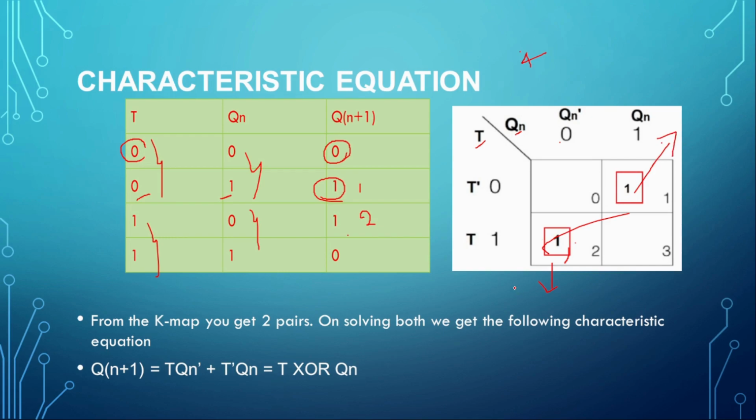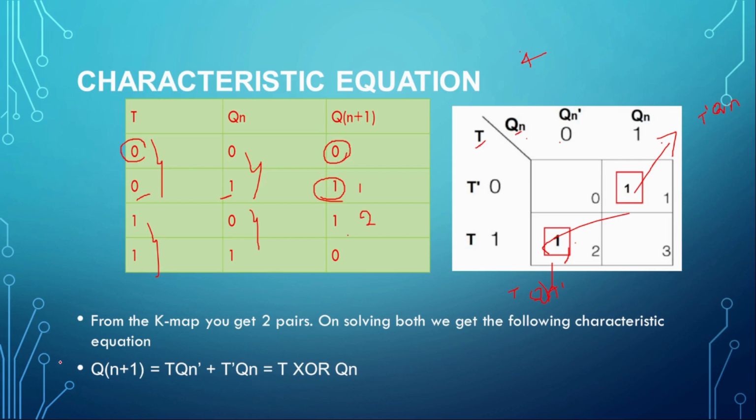This term was placed at the value of T is 1 and the Qn value is 0, that is Qn dash. And this one is placed at the value of T dash and Qn value is 1. So you need to mention it as it is, the same variable.